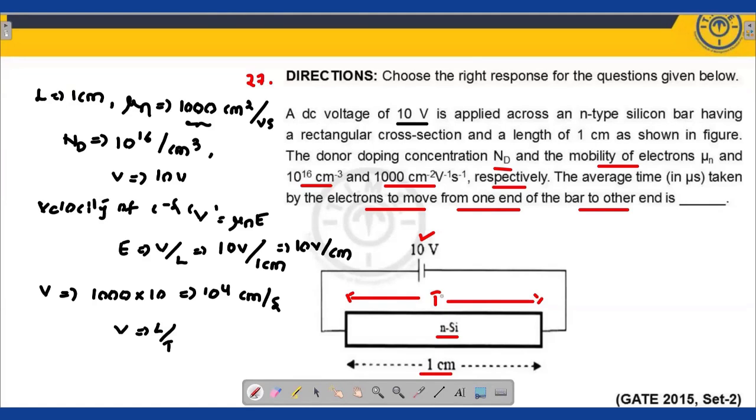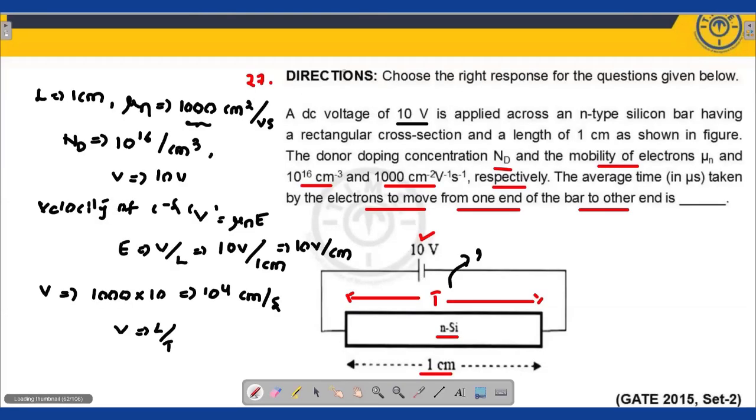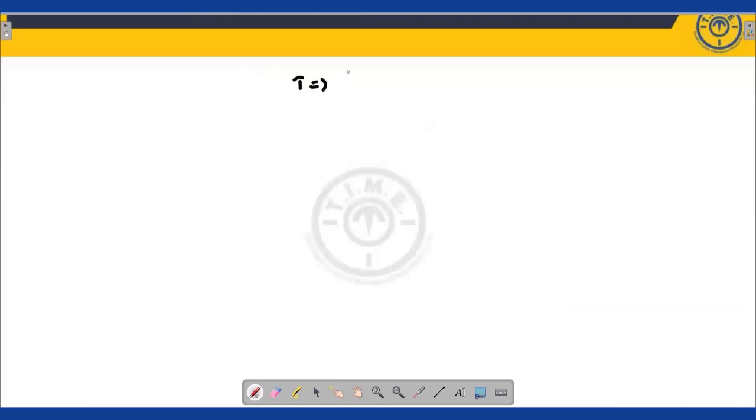Now he is asking what is this time t. T equal to L by V, my dear students.